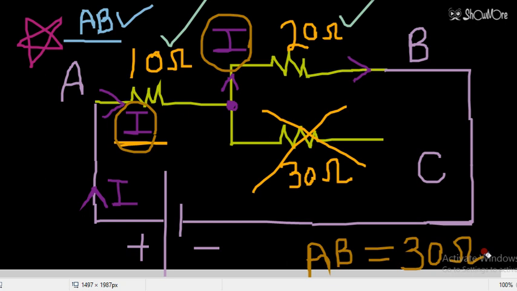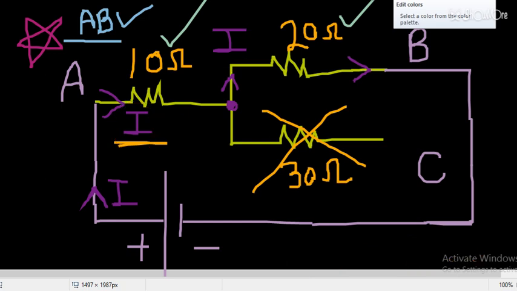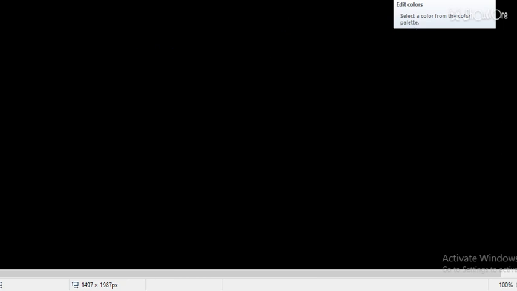Okay, next is resistance between A and C. When I have to find the resistance between terminal A and C, you can see this is the star mark question.